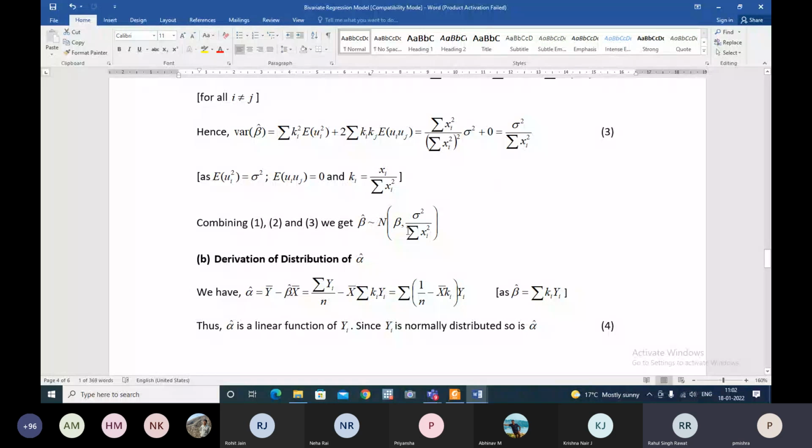I told yesterday that this sigma square is also unknown. We don't know ui. If we don't know ui, how can we know sigma square? Because it is the variance of ui. So the question is whether we can get an estimator of sigma square.